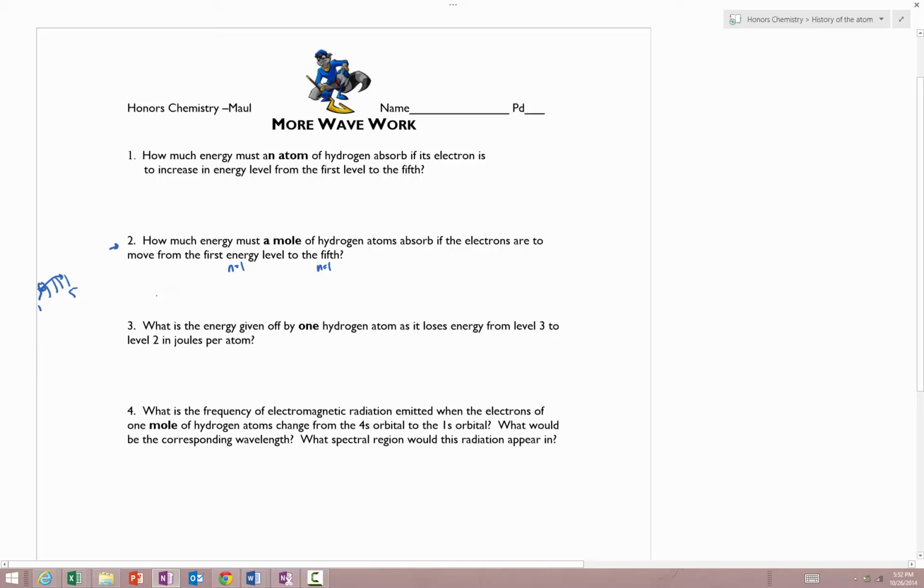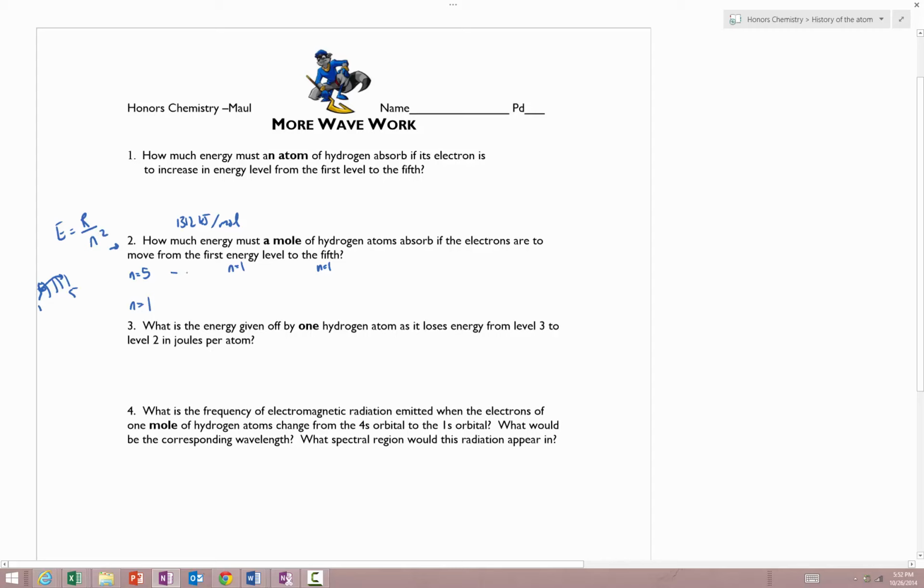You're going to need to set up, like we did in the notes, the fifth and the first energy level. We're going to use the equation that the energy is equal to R over n squared, where R is the constant for hydrogen, 1312 kilojoules per mole.